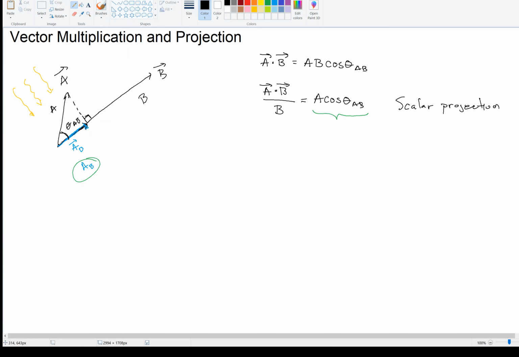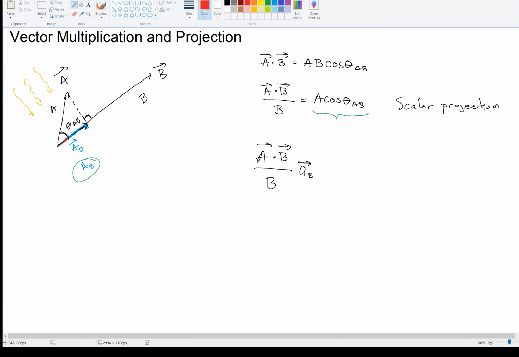Now what if I wanted the actual vector though? Well, in that case, all I have to do is take the length that I just got, and multiply it by a unit vector that points in that direction. So that's a unit vector that points in direction B. I'll draw that in red here.